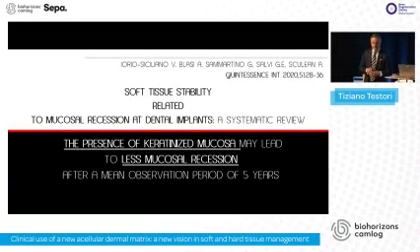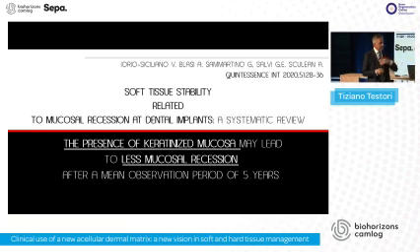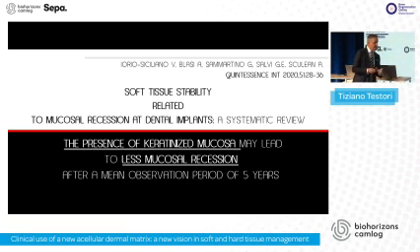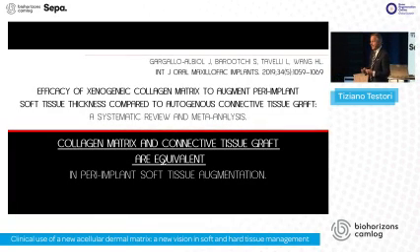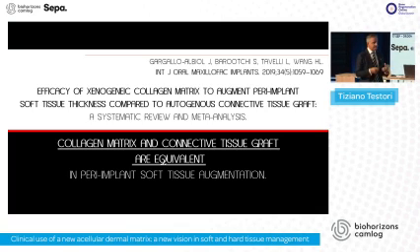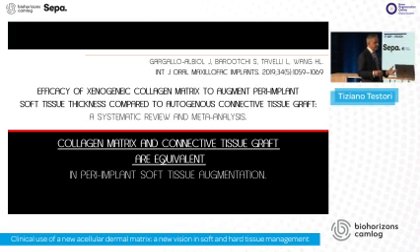Then we have a five-year systematic review, because this is only a five-year mean observation period, showing less mucosal recession. And another very clinically relevant topic: if we don't have the possibility to get a connective tissue graft, or we want to minimize the invasiveness of our procedure by not having a donor site, can we use a collagen matrix?